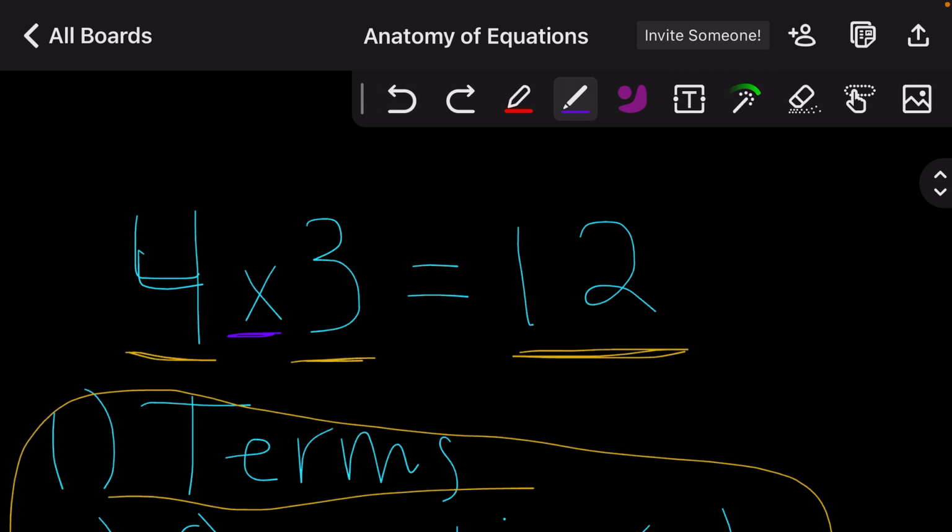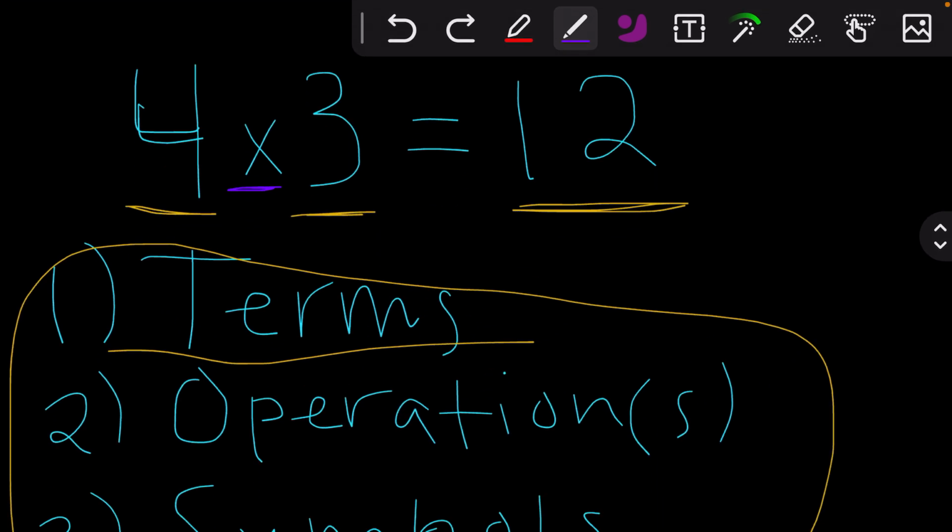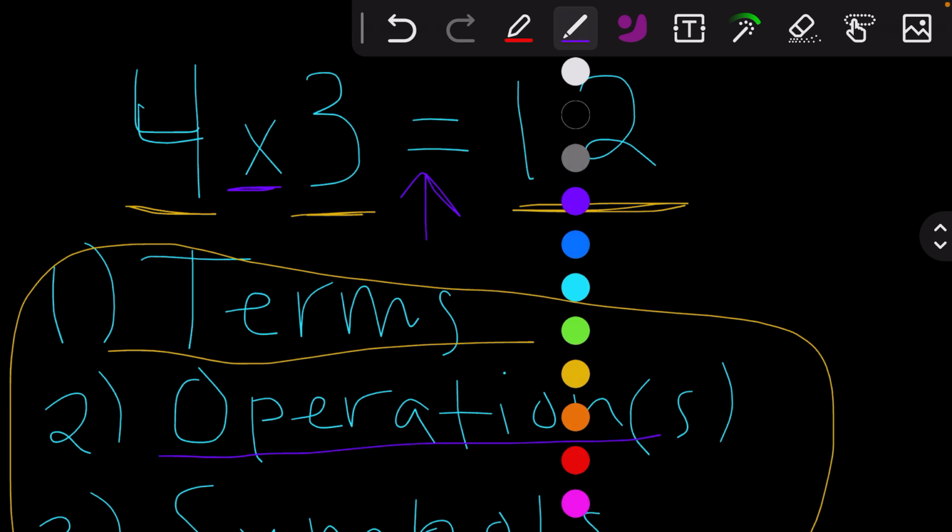So we now have our terms identified, which are 4, 3, and 12. We have our operation identified, which is this multiplication right here. That's the operation that we are to perform. And lastly, we've got this thing right here. Now, this is neither a term, nor is it an operation.